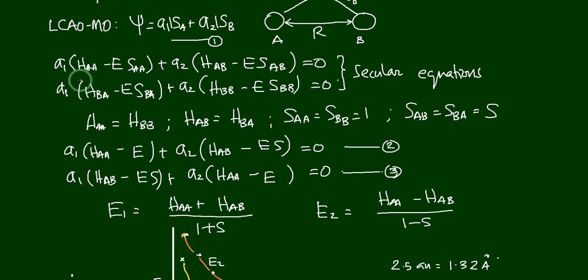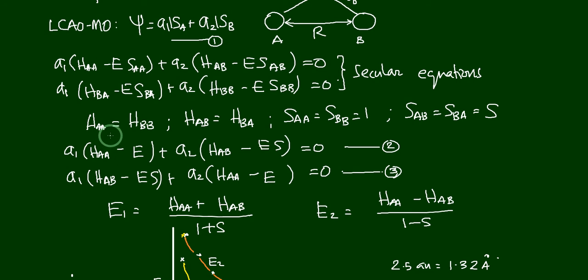So this is A1(HAA minus ESAA) plus A2(HAB minus ESAB) equals 0, and there is another similar secular equation also.